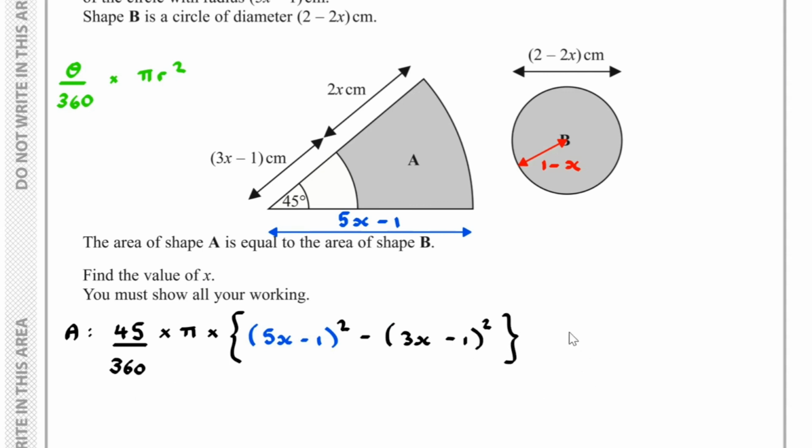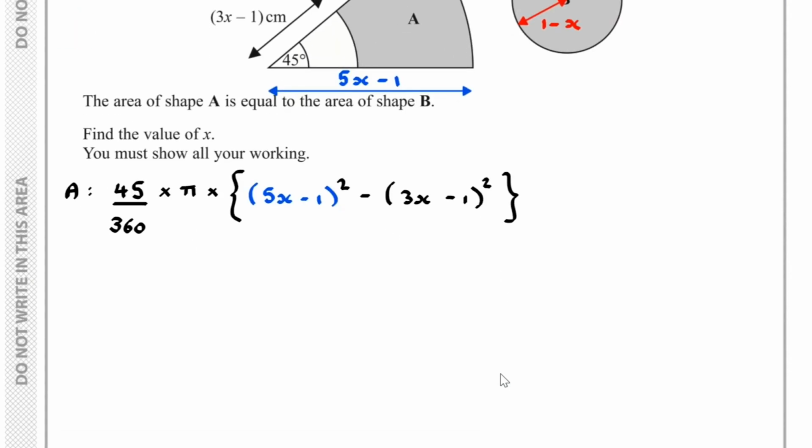And hopefully here you can recognize how this formula gives us the area. Now, 45 divided by 360, that's an eighth, and I multiply that by pi. So I've got pi over 8 multiplied by, well, 5x minus 1 all squared.